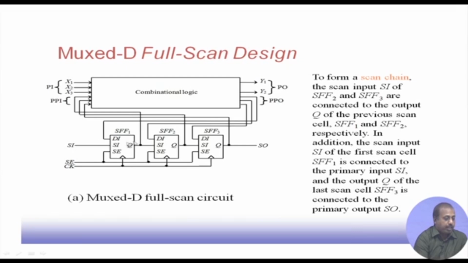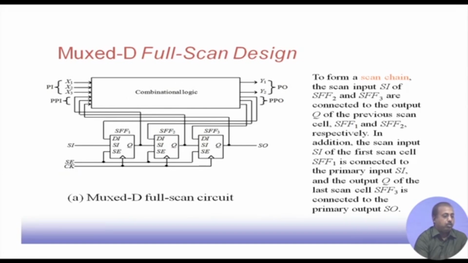Since these scan flip flops are put on a chain, I can control the values coming into these individual flip flops, and that way control the values that go to the PPI. For testing this combinational logic for a particular fault, we need some specific bit pattern in X1, X2, X3 and some bit pattern in the PPI lines. Those can be done, because through this scan chain I can shift the appropriate pattern onto these flip flops. As a result, combinational logic testing can be facilitated.